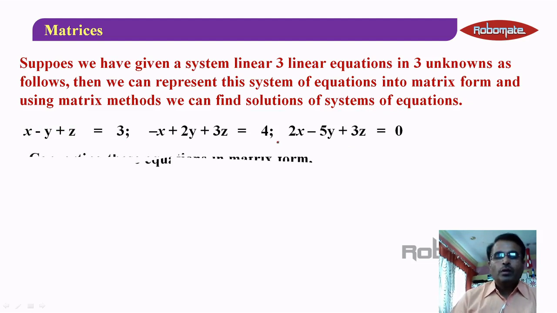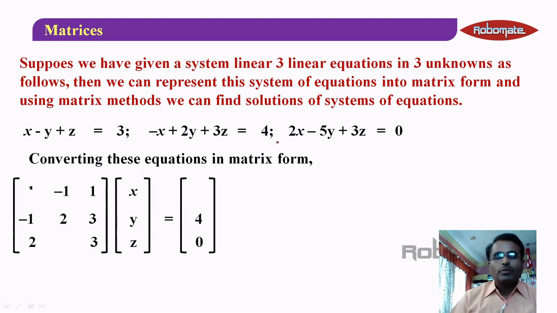Now if you consider this system, then it is possible to convert it into matrix form, and that is in this way. Suppose we consider a system in this manner. You will observe that in the first equation the coefficients on the left hand side are 1, minus 1, 1 for x, y, z respectively. So 1, minus 1, 1 appear as the first row.